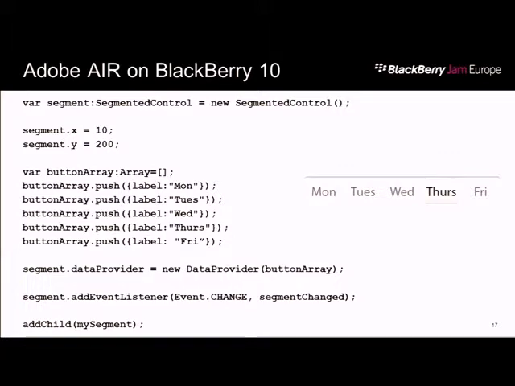You can use buttons, segmented controls, switch, list, maybe icon buttons. You have a lot of components from native UI. So you can simulate native applications from an Adobe AIR application. This is the simple example of segmented controls.